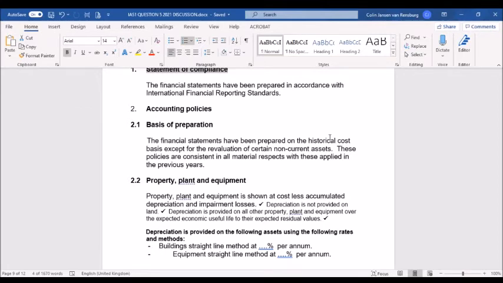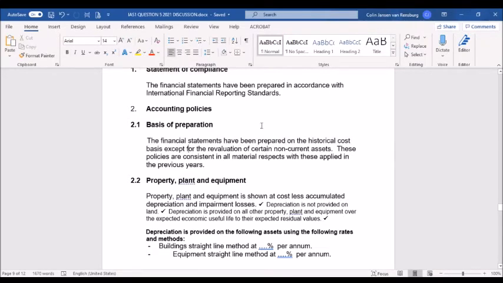This is your measurement basis, or measurement bases, if you wish. And then you also have to indicate whether those policies are consistent with previous years or whether you have changed any of that.